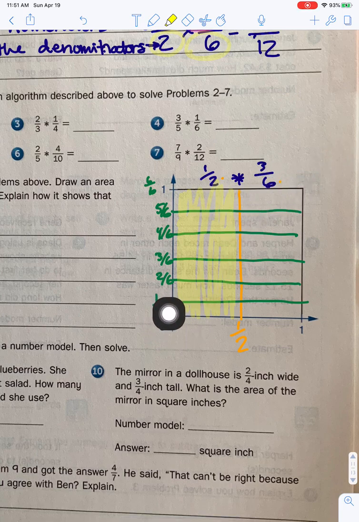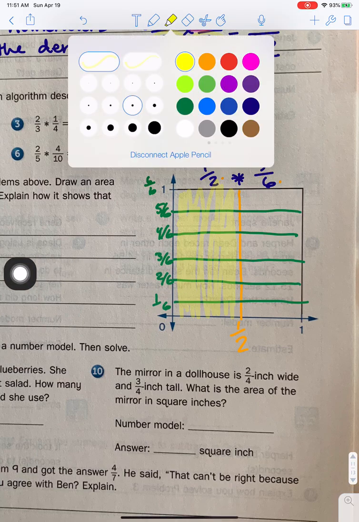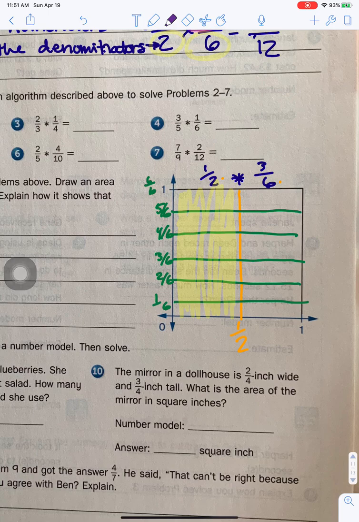So I'm going to do 1, 2, 3, and then shade this in. I'll choose a different color, 3/6. I'm going to shade in this area right here. So just this area in this section is what my answer is going to be.